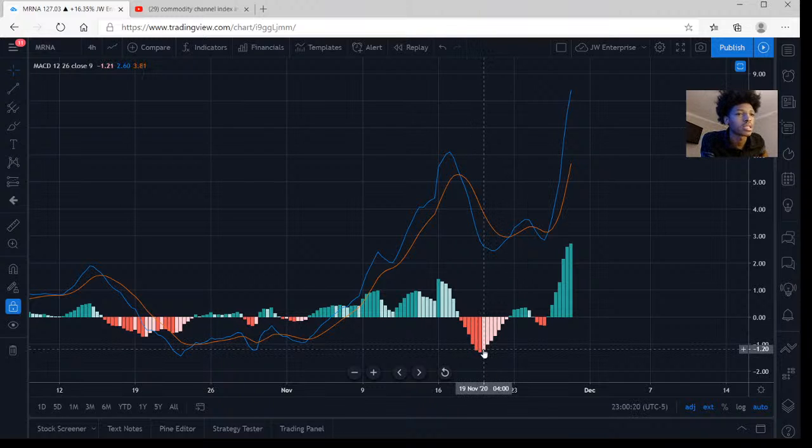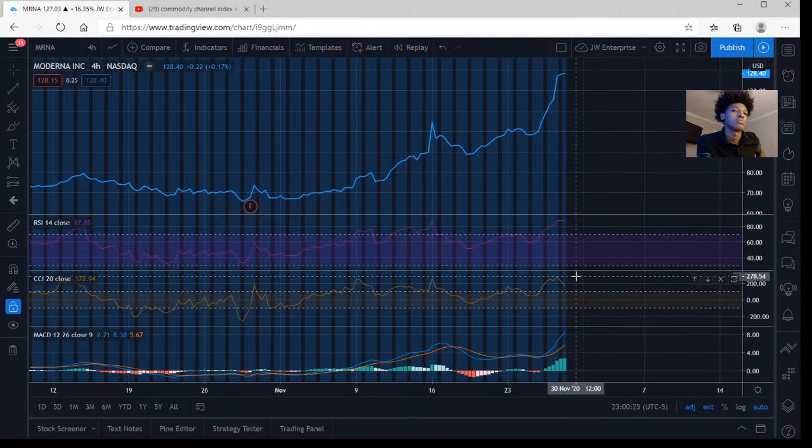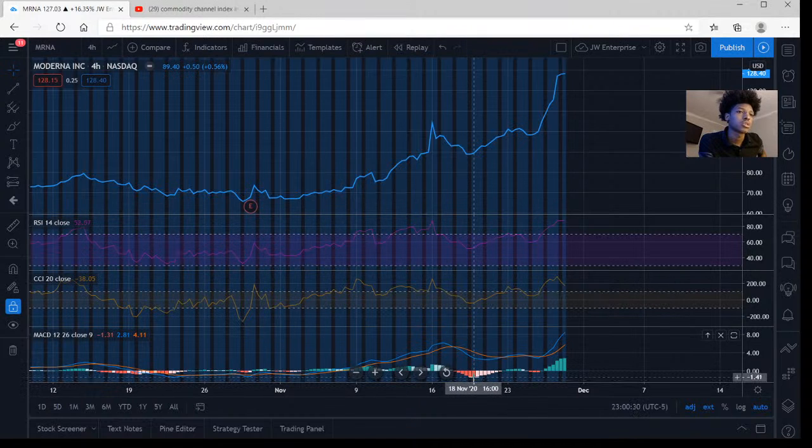So when you see this red bar I was showing y'all right here, we'll enter into a call and bet for it to go up, because the momentum for it to go down is less. And then we make money off of it going up from right here. So that's the other indicator I use.